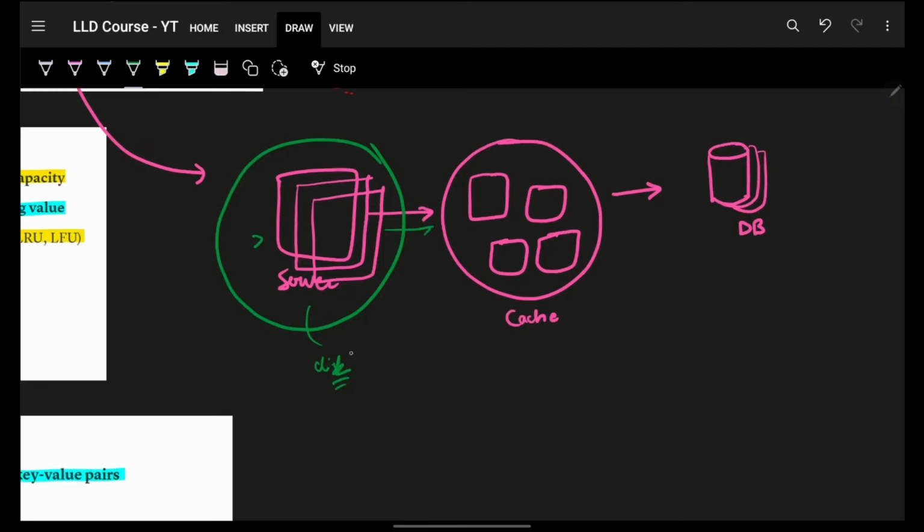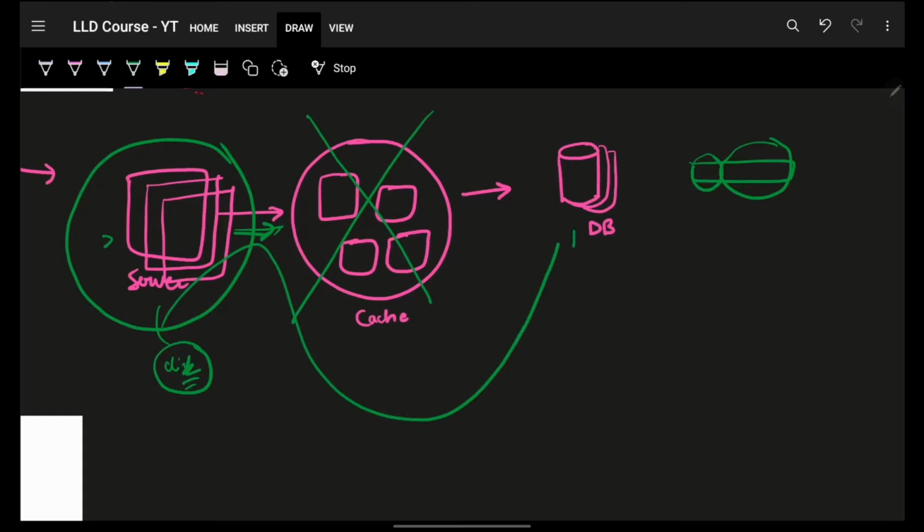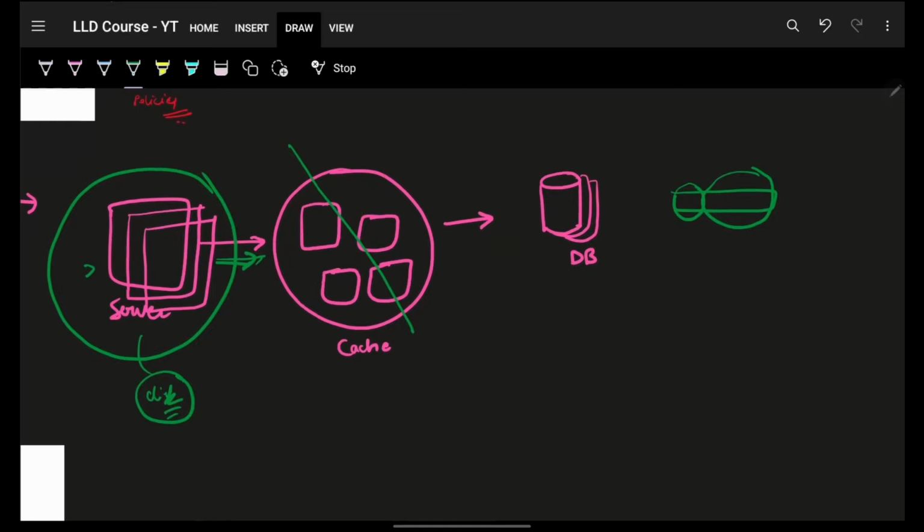The logic is that whenever someone asks for something, say I inserted a row, which means for this key, this is the value, get me that. If cache were not there, I would go directly to the DB. Now we know that the DB cannot handle that much high volume of reads and writes. And that is the reason we have cache, right?